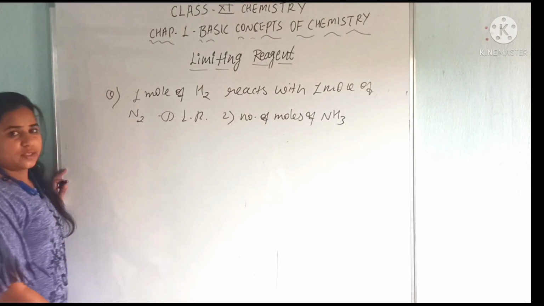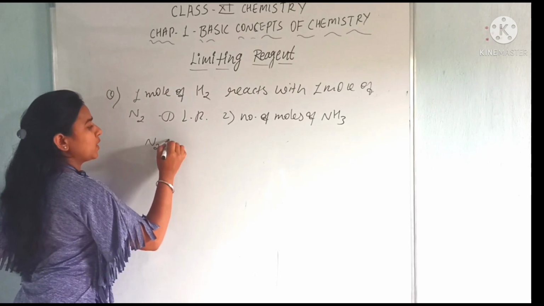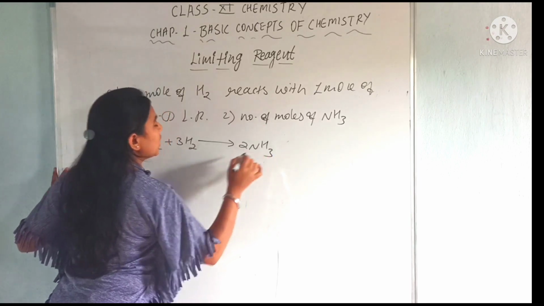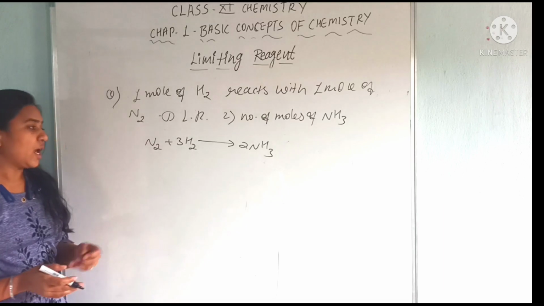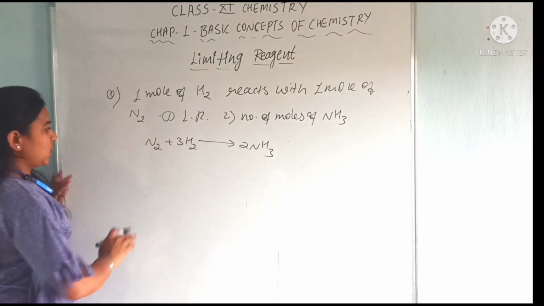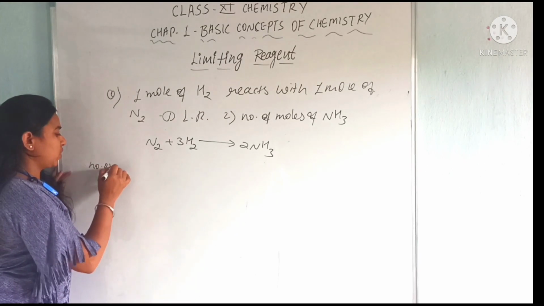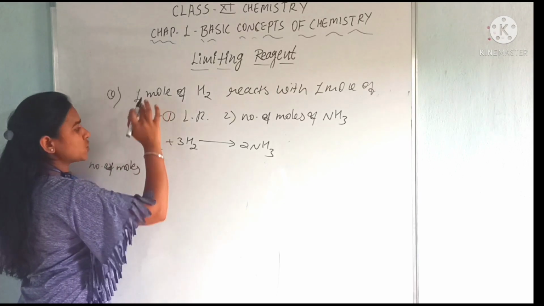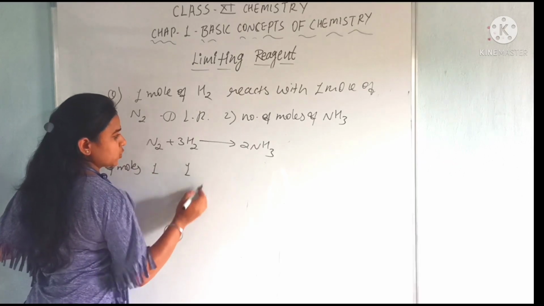First we have to write the chemical reaction: N2 plus 3H2 forms 2NH3. If the reaction is balanced, there is no need to balance it, but if it is not balanced, we have to balance the reaction first. Then write the number of moles given in the question: for N2 it is 1, and for H2 it is also 1.